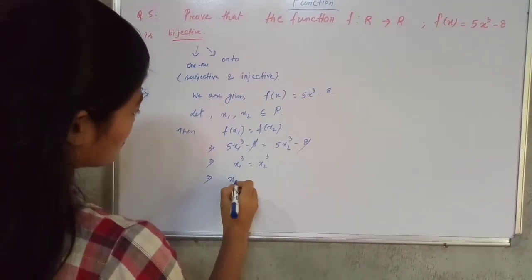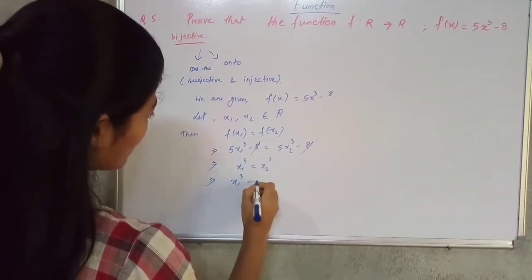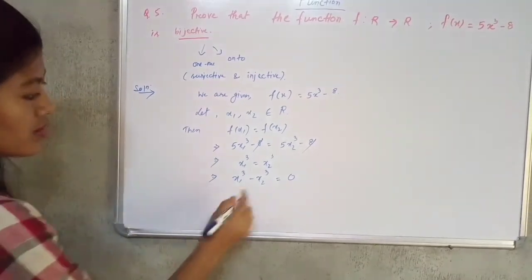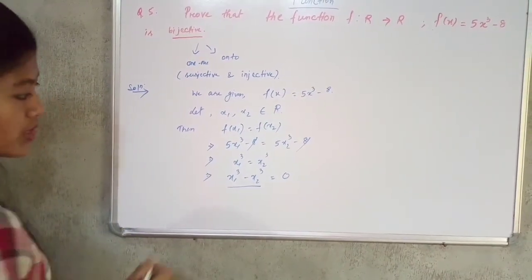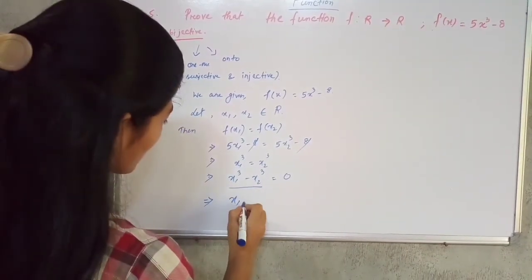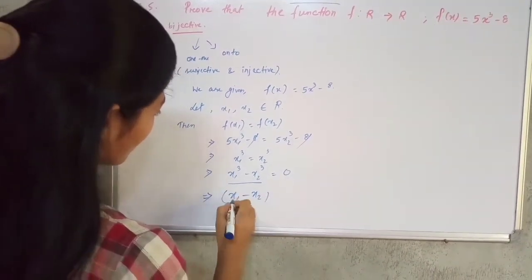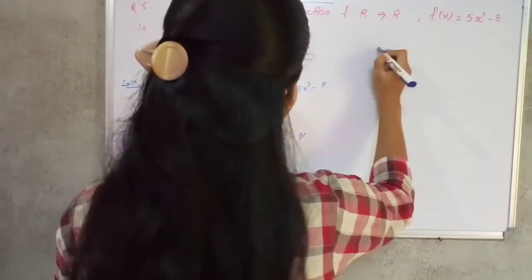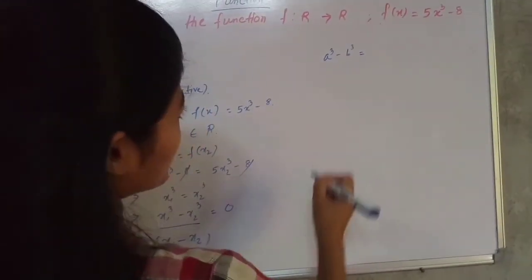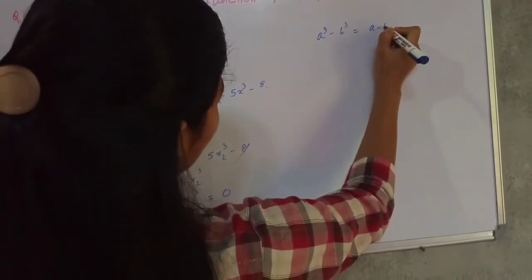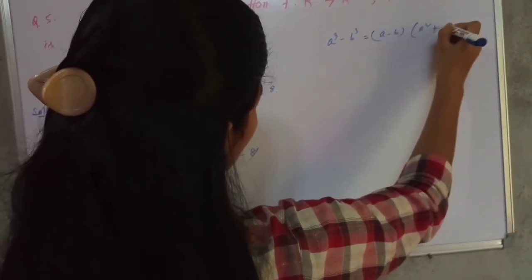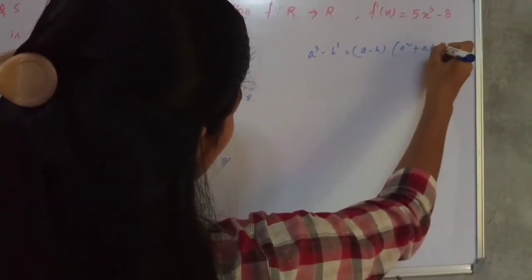Now we write x1 cube minus x2 cube equal 0. Now it is in the form of a cube minus b cube. Therefore, we expand x1 minus x2. Whenever a cube minus b cube, we get the expression as a minus b into a square plus ab plus b square.